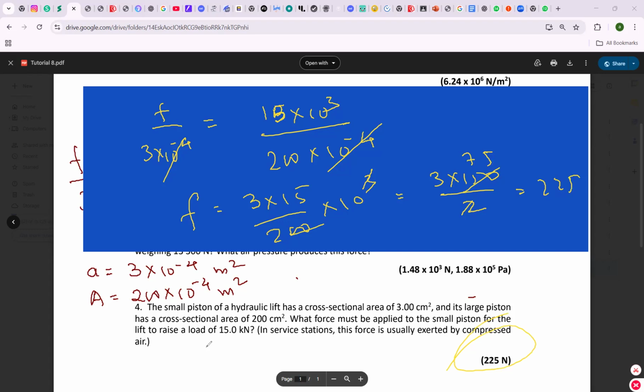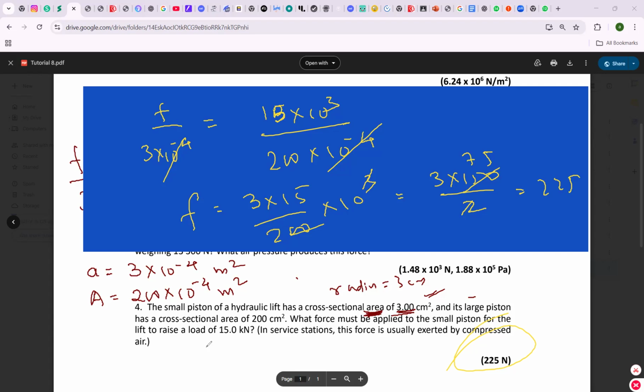Isn't the area pi r square? No, area is already given. It is not the radius. That's why the unit is centimeter square. Otherwise, it would have given a radius of 3 centimeter. I was doing everything correct, and instead I just put the square.